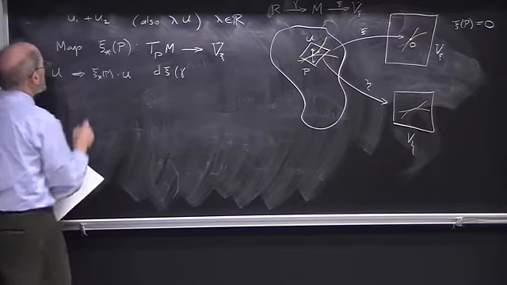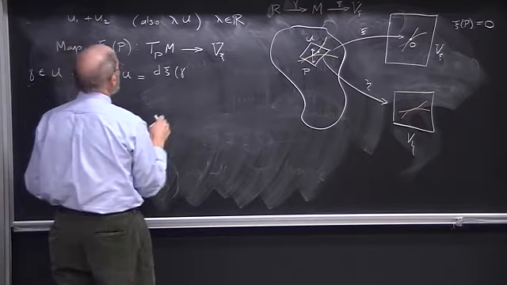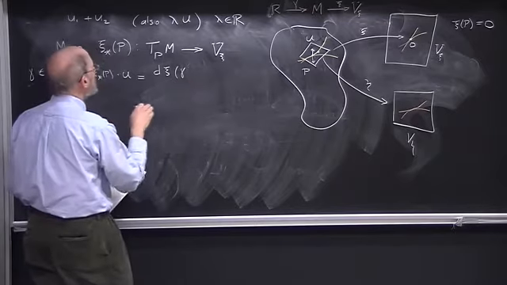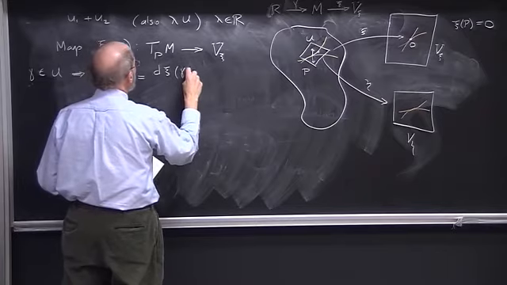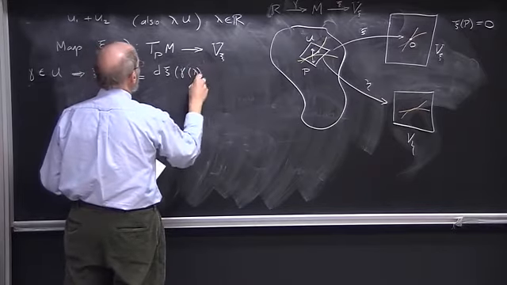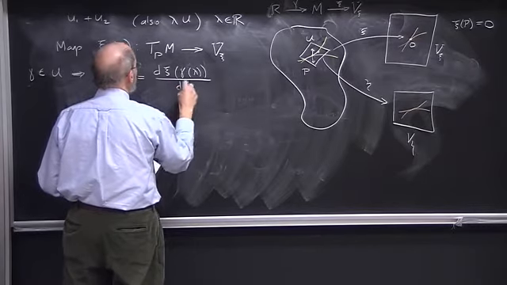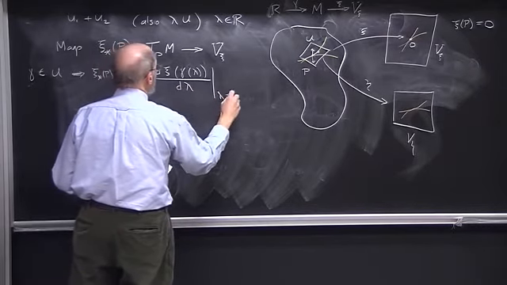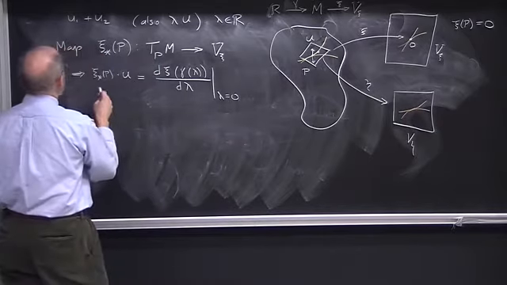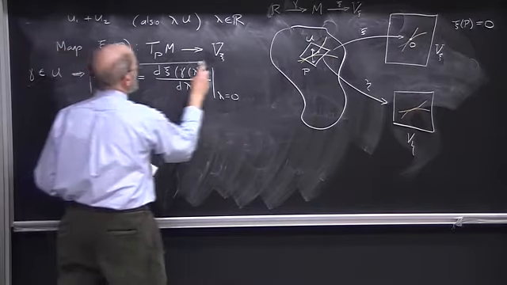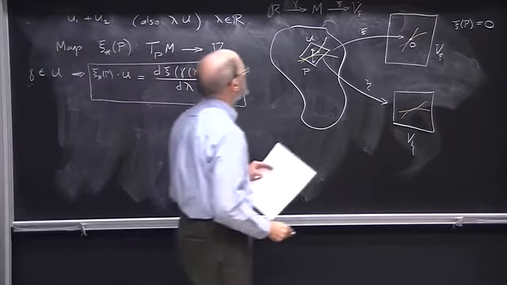Then we define C star of P to u, this C star, push forward sometimes it's called, to be the derivative of the curve in V at lambda equals 0. So that's the definition. Yeah, but it's the obvious one.